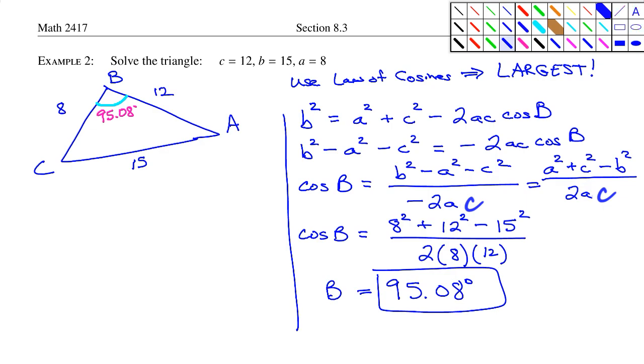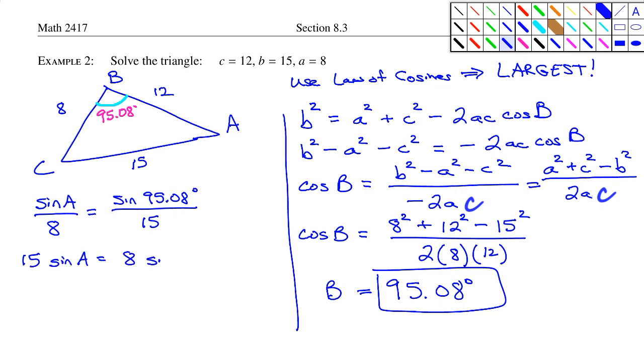Now we know that both of the angles left are acute. We can find either one, your choice. I'm going for A. So the sine of A divided by 8 is equal to the sine of 95.08 degrees divided by 15. Cross multiply: 15 times the sine of A is equal to 8 times the sine of 95.08.